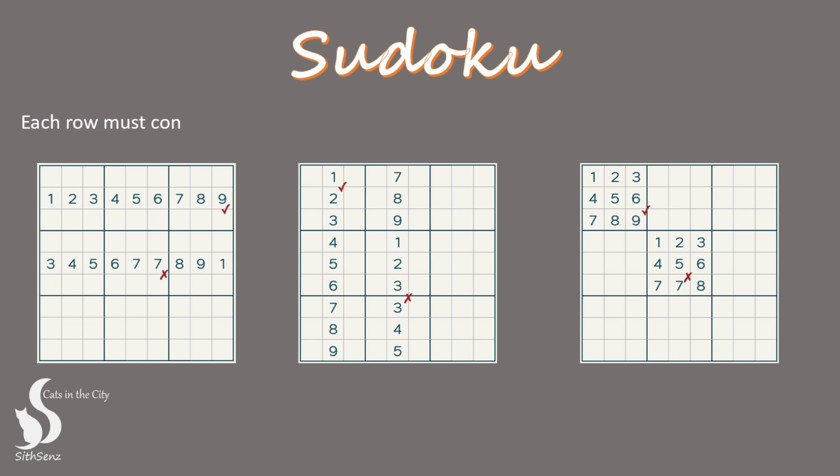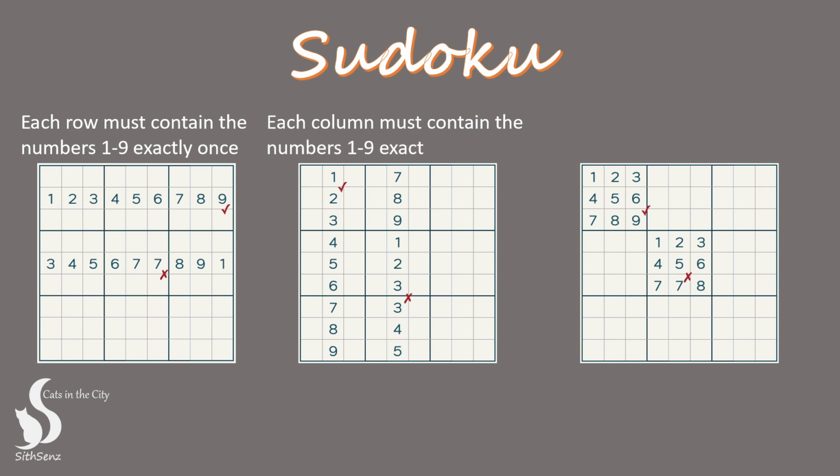Well, you see, the rules are really quite simple. Sudoku is a logic-based number placement game that is played on a 9x9 grid. The goal of the game is to fill each row, column, and 3x3 subgrid with the numbers 1 to 9, without repeating any numbers in the same row, same column, or same subgrid. I see.